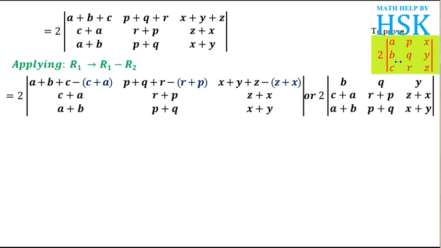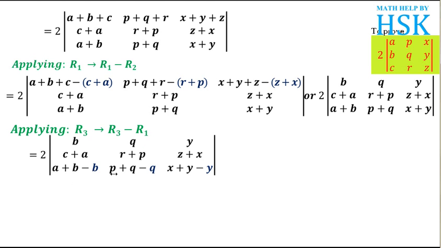So I am converting this determinant into the required determinant step by step. Again applying R3 changed to R3 minus R1: a plus b minus b, p plus q minus q, x plus y minus y.